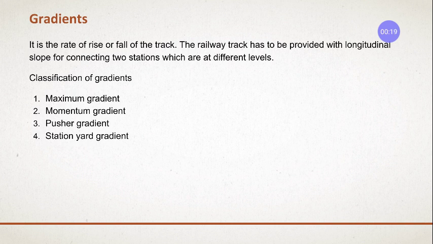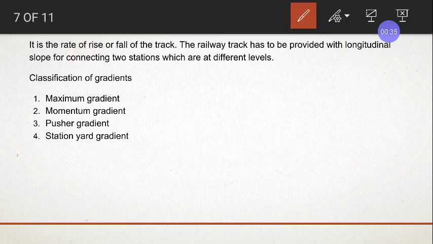So what is gradient? It is the same: the rate of rise and fall. Rate means with respect to distance or time, and here, in this case, distance. With respect to some distance, there is a rise and fall, as I can show you here. After some distance, there is a small fall or a rise.